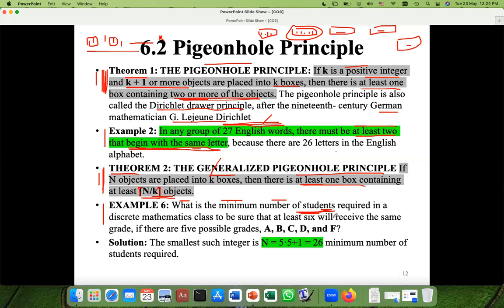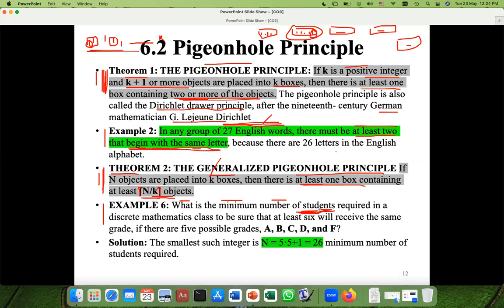So at least 6 will receive. It means that here you will have one extra object in this box, and here in this box also one extra object. This was the diagram for theorem 1, and this was the diagram for theorem 2.